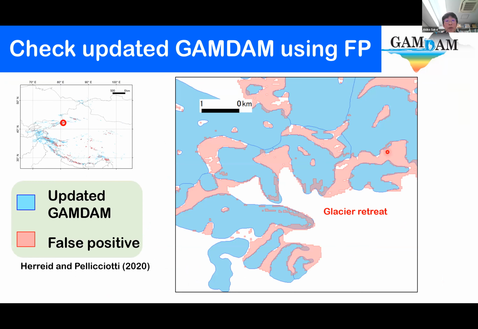Almost all false positive polygons, the red ones, do not overlay with the GAMDAM glacier polygon, the light blue one. We can find small overlays, but those FP areas are located at the glacier terminus. So they indicate recent glacier terminus retreat.